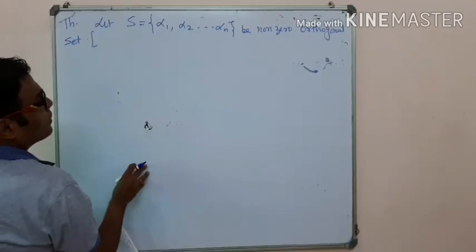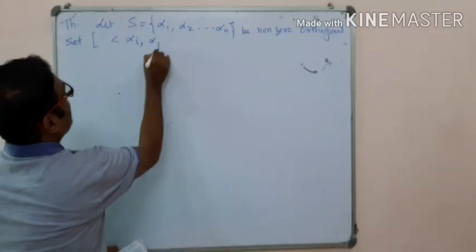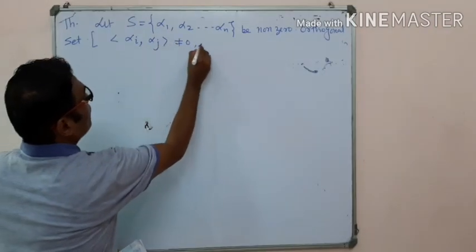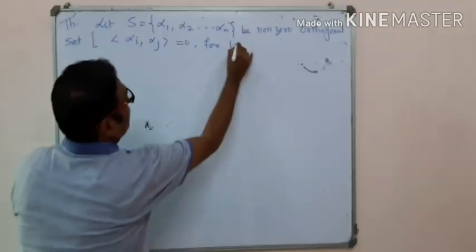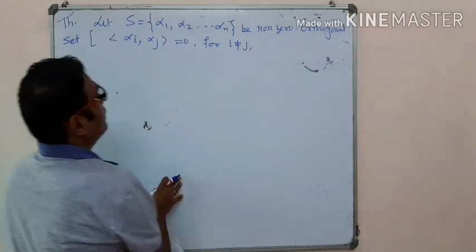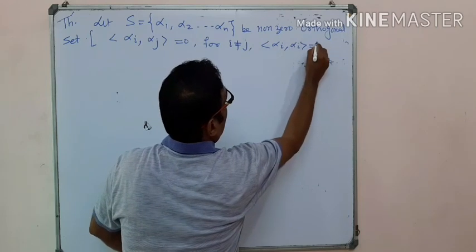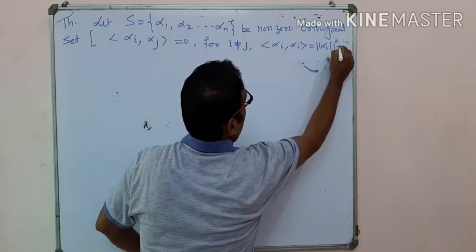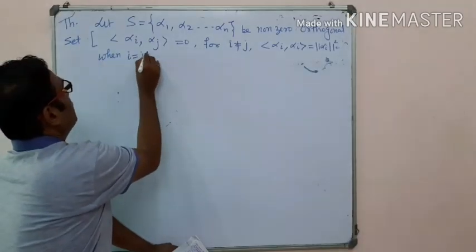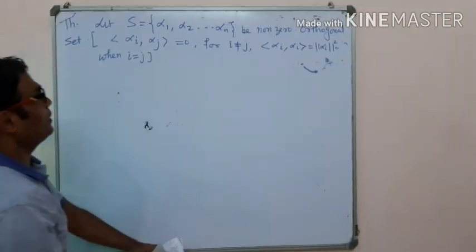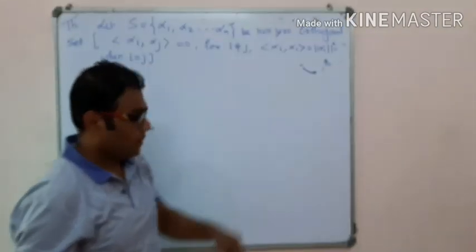So we have the inner product of alpha i comma alpha j equal to 0 for i not equal to j, and the inner product of alpha i with itself is equal to the norm of alpha i squared when i is equal to j. We understand this relation with the help of this definition.